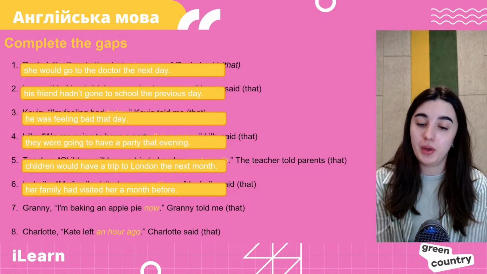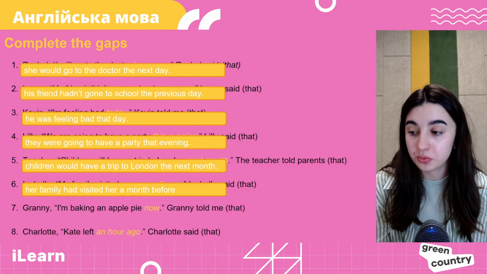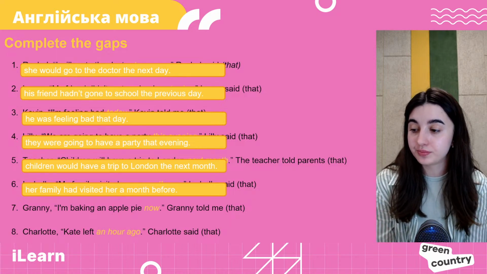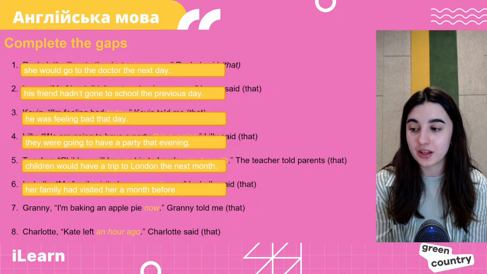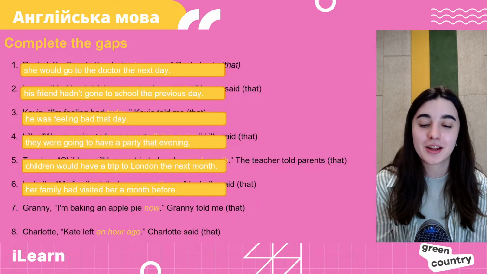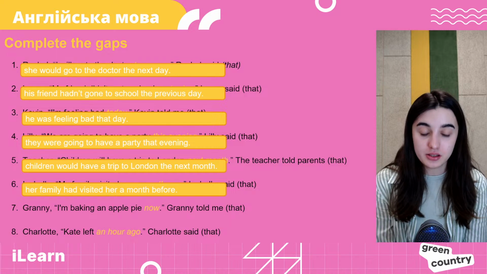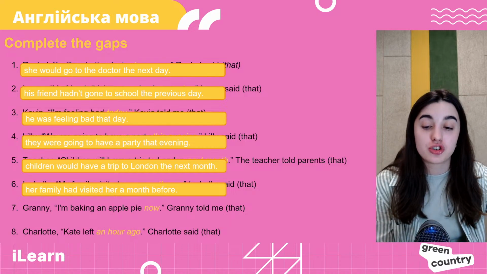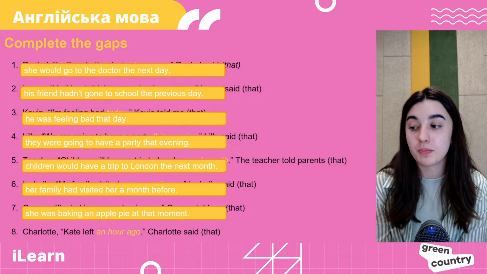Granny, I'm baking an apple pie now. Granny told me that, okay, Yana, I appreciate that you are writing the whole sentence. Thank you. So, Granny said or told me that she was baking an apple pie at that moment.